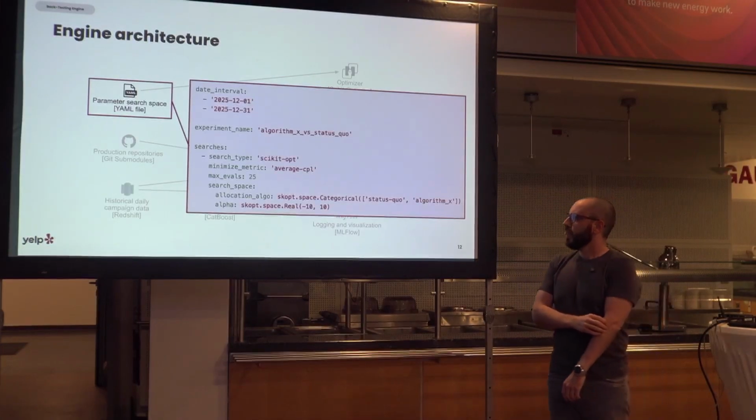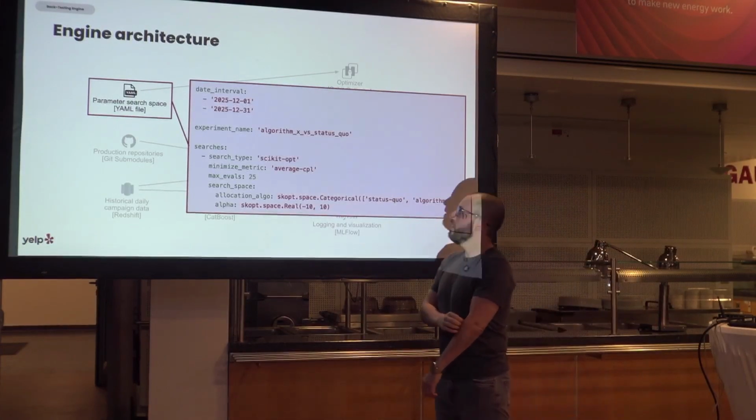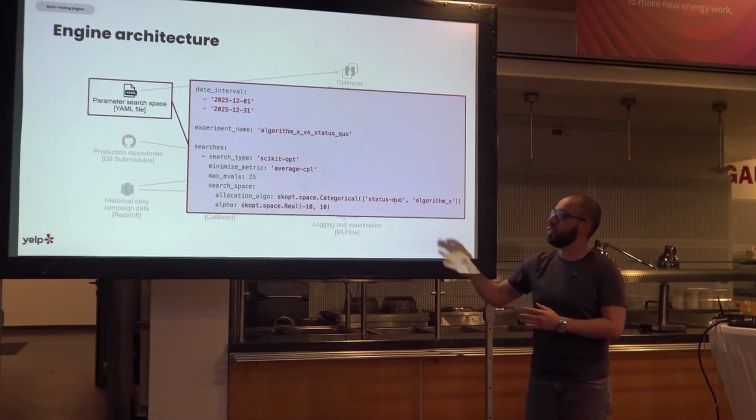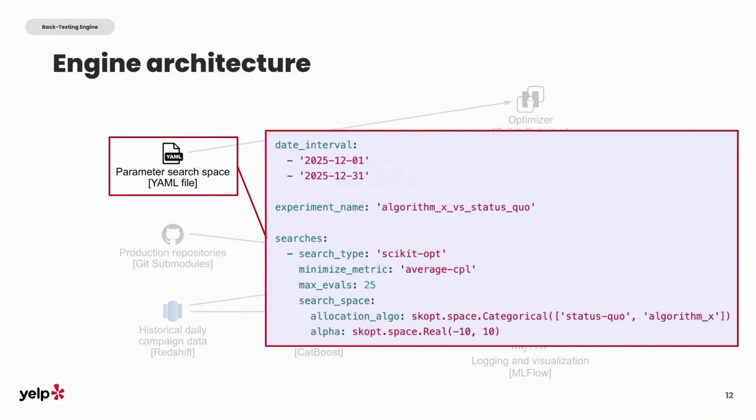The relevant part is where we define the search space for the parameters that we want to backtest. In this case, we will use scikit-opt, which means that there is an optimization that tries to find the best values for our parameters. Because there is an optimization, we need a metric to optimize.